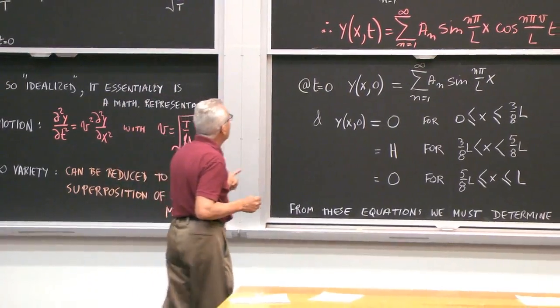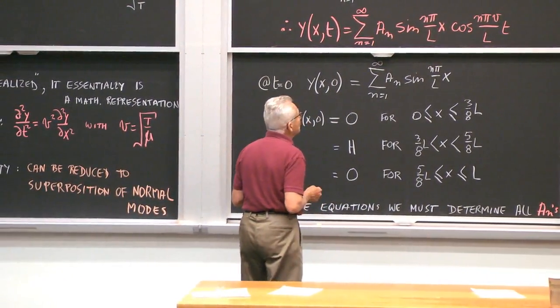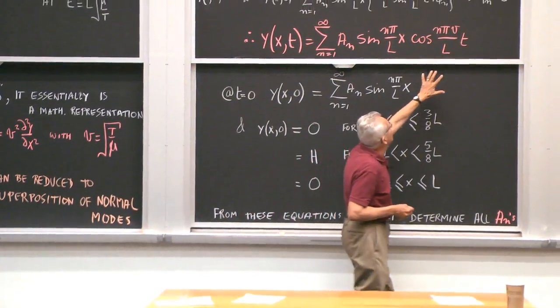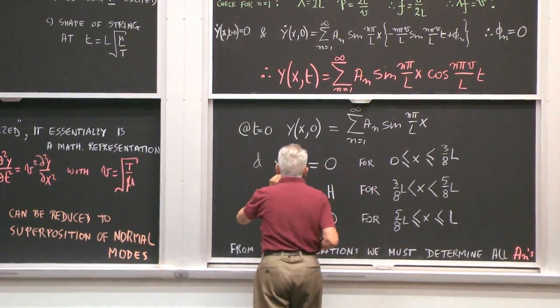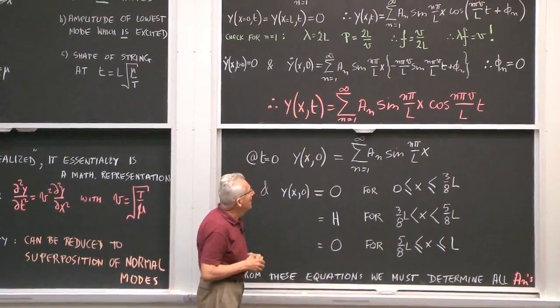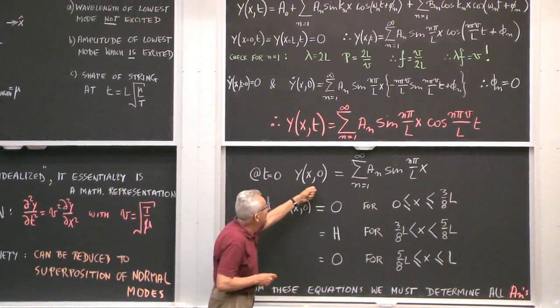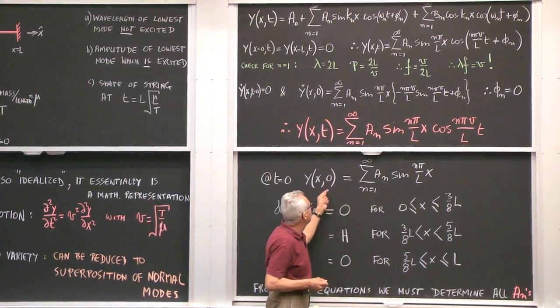So first of all, I said we didn't make use of the shape at t equals 0. At t equals 0, cosine of 0 is 1. So what we know is that the string shape is given, from here, by this equation.